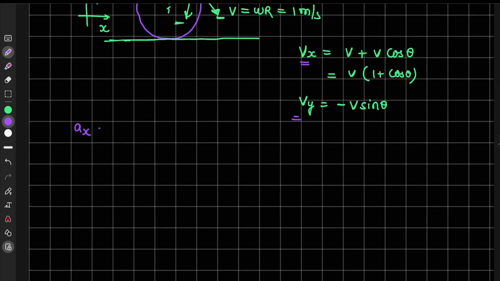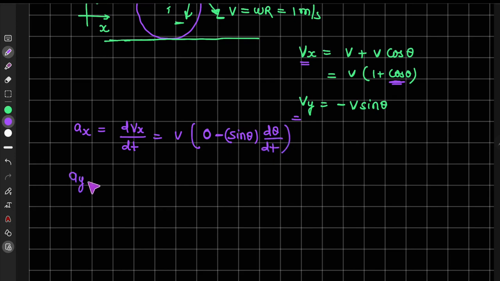we can write a_x equal to dv_x upon dt, which is v times the differentiation of (1 plus cos theta). The differentiation of 1 is 0, the differentiation of cos theta is minus sin theta, and the differentiation of theta is d theta upon dt.